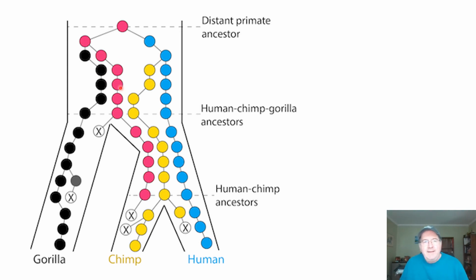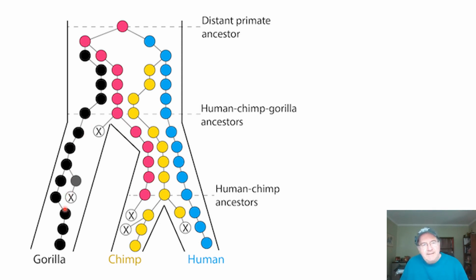So here in the common ancestor, when we get down to this point, we have four alleles. And then there's a speciation event in which the ancestral gorillas branch off, leaving the common ancestor of the chimpanzee plus humans on the other side of that split.